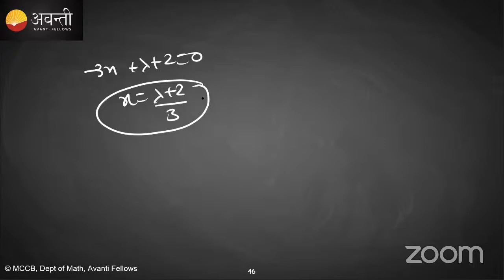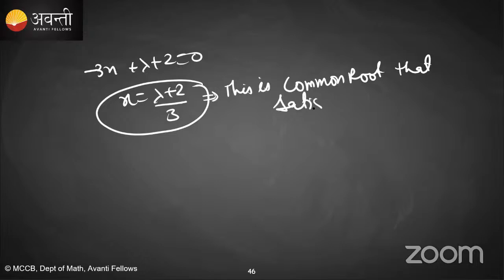So it means this is the common root, yes or no. This is the common root satisfying both equations. Yes or no, right.